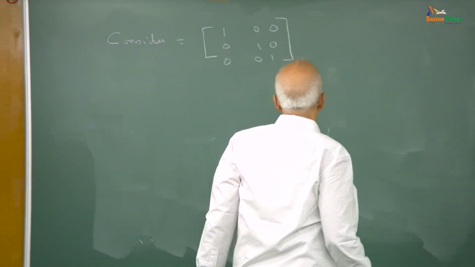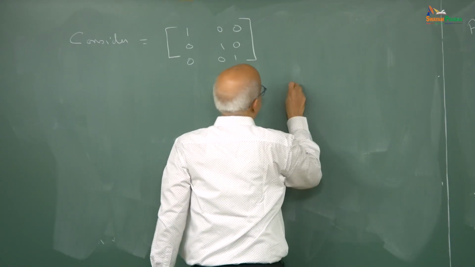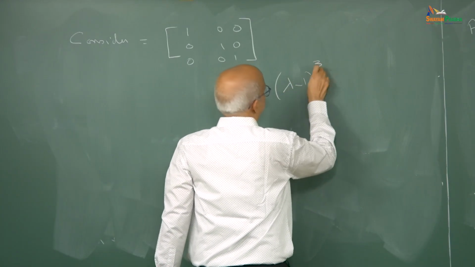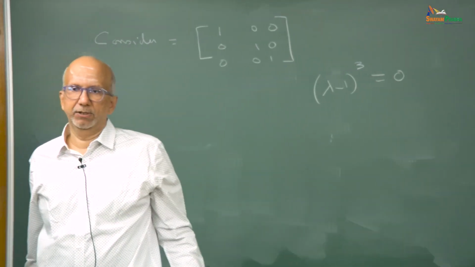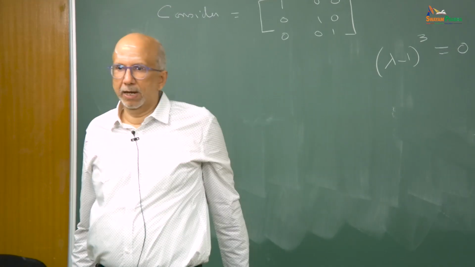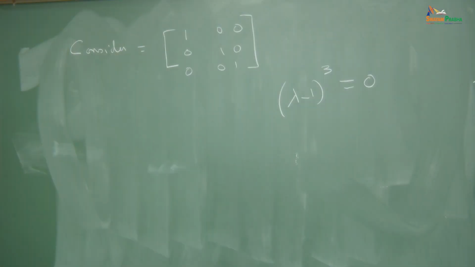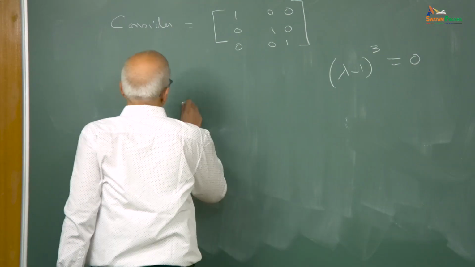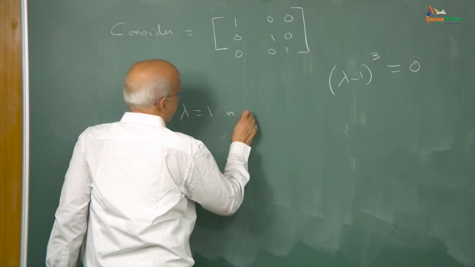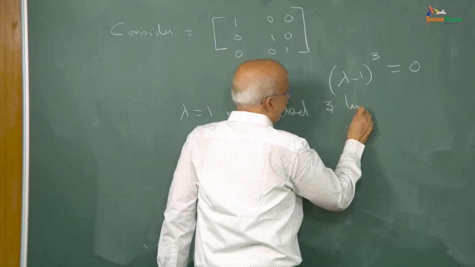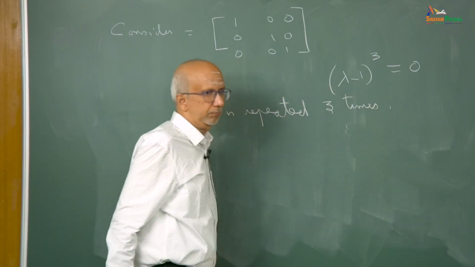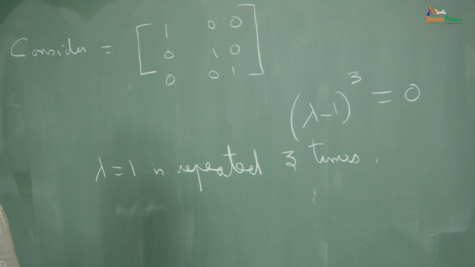What are the eigenvalues? If you do the characteristic equation, this will be the polynomial which decides what the eigenvalues are, okay, and you can see that lambda equal to 1 is repeated 3 times. So, algebraic multiplicity is 3.